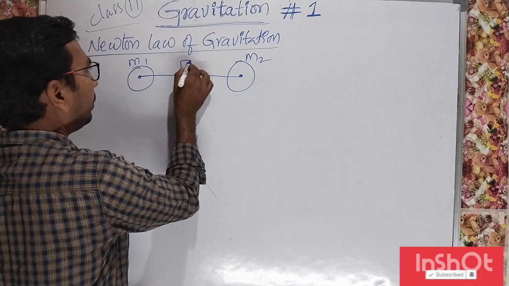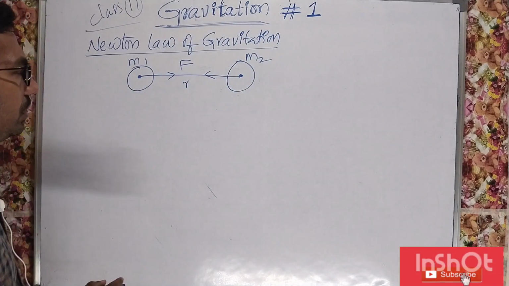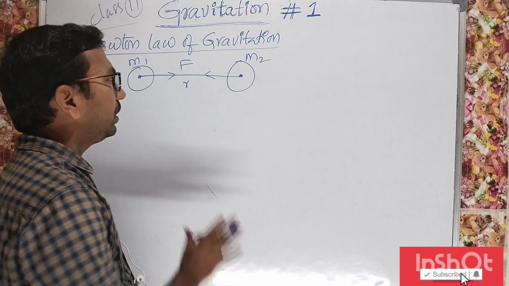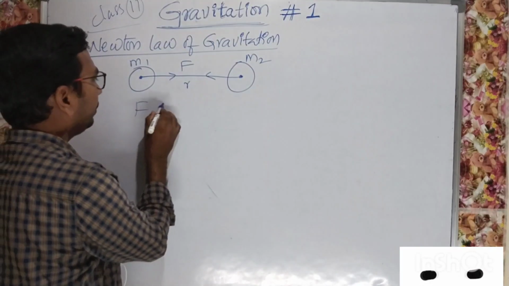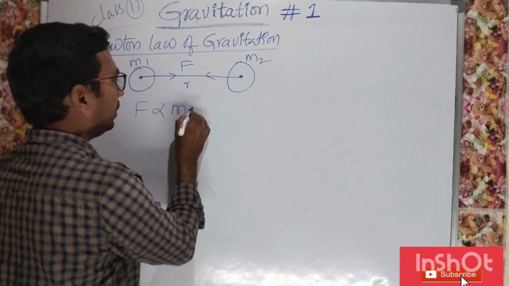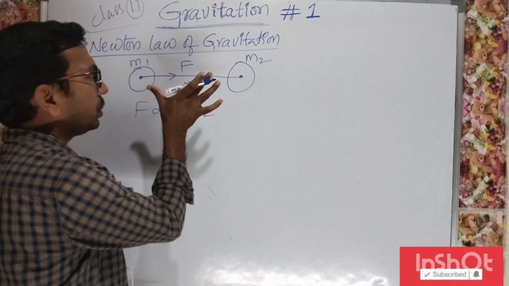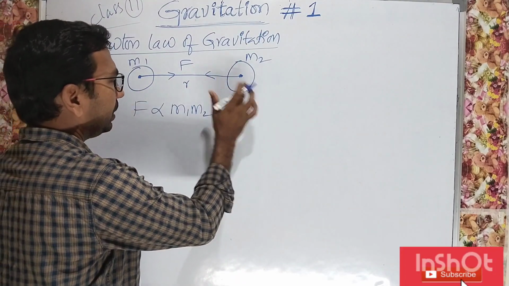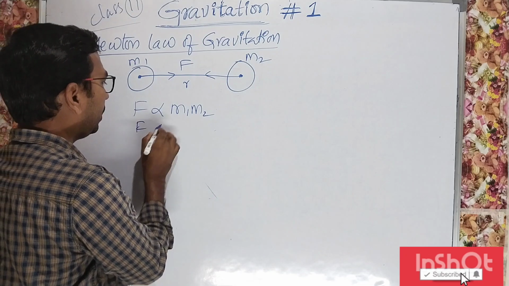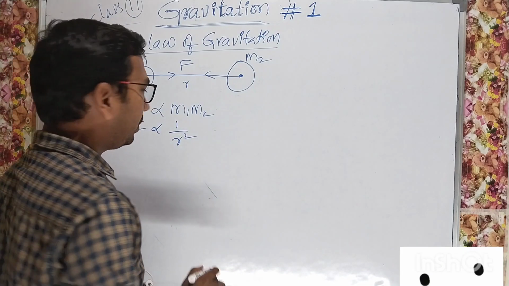So what is the gravitational force? The force of attraction between two bodies is directly proportional to the product of their masses and inversely proportional to the square of the distance between them.